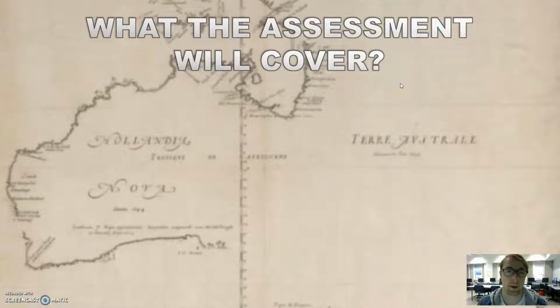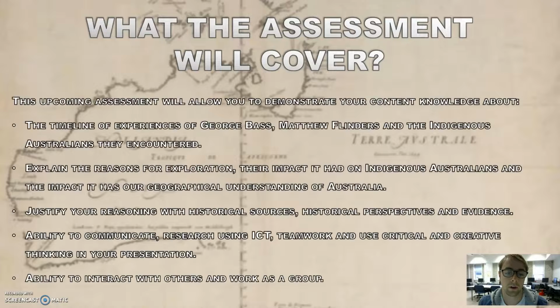What will the assessment task cover? So there are a few things that I'm really looking for in this assessment task. One of these criteria, I really need you to demonstrate your knowledge of the timeline of experiences that George Bass, Matthew Flinders, and also some of the Indigenous Australians that they encountered along the way had.